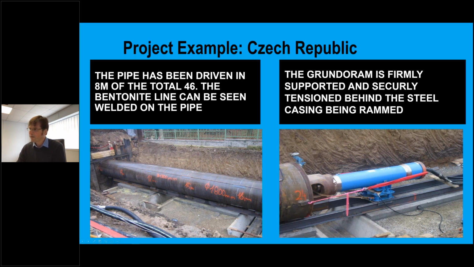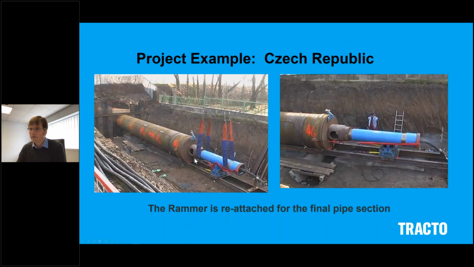And if we carry on now, we can see that in the end, they welded more pipe to it to get to the 46 meters that they required. And this picture here shows the reinstallation of the rammer after the second segment was actually welded on.